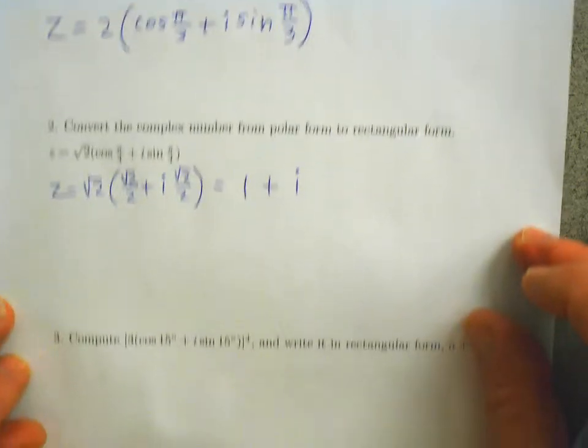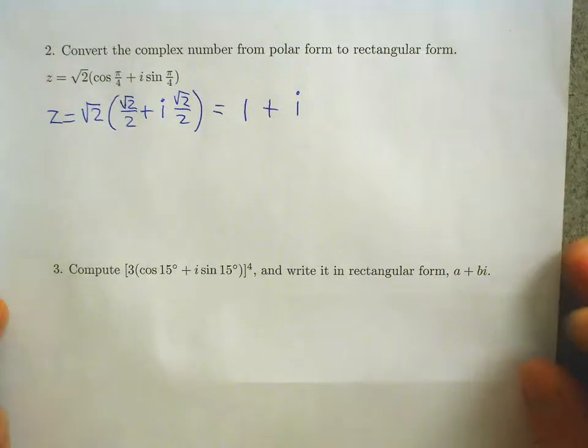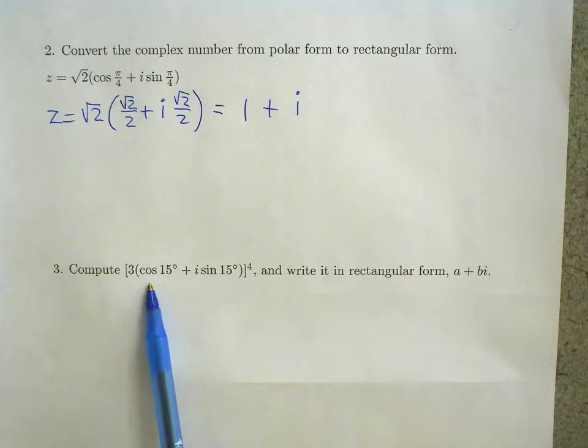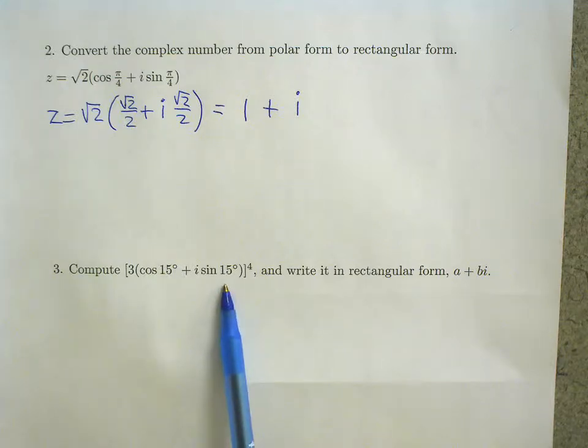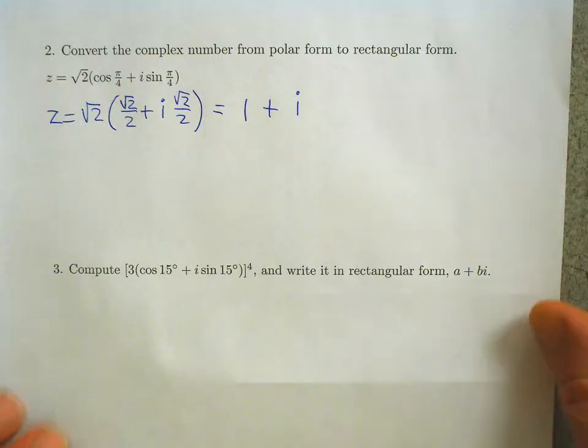The next problem, compute the quantity in brackets: 3 times the quantity cosine of 15 degrees plus i times sine of 15 degrees, all raised to the power 4.